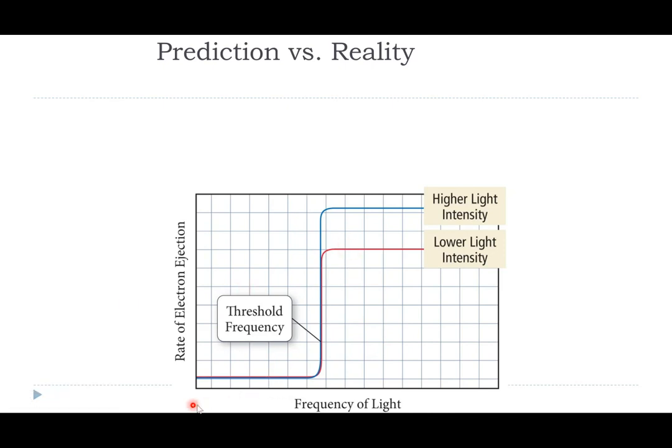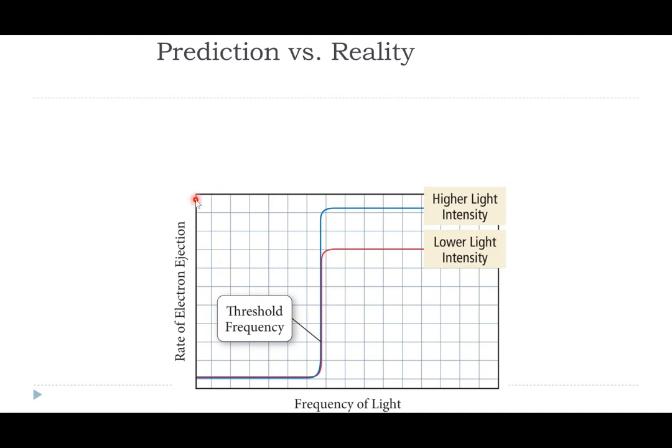So here along the bottom, we have frequency of light. Over here on the left, the frequency would be 0. Over here on the right, we would have a high frequency light. So high frequency, high energy. Here we see the rate of ejection of the electrons. Down here at the bottom, no electrons are coming off.